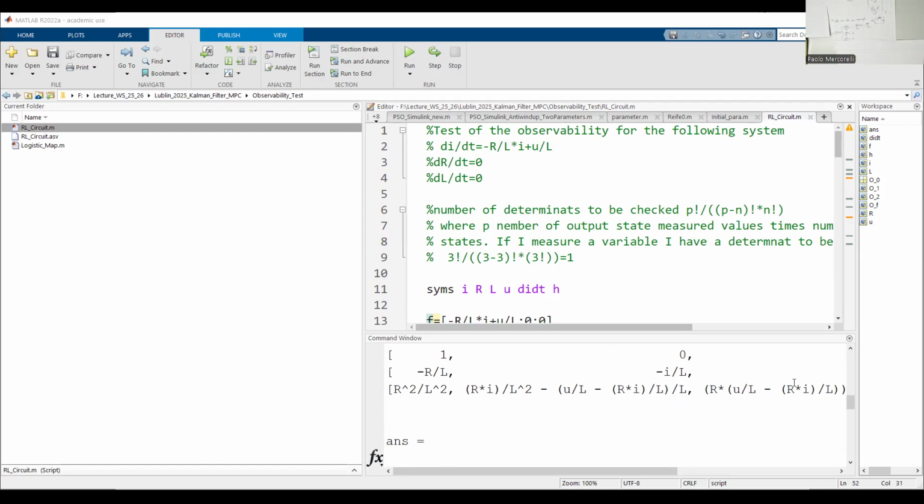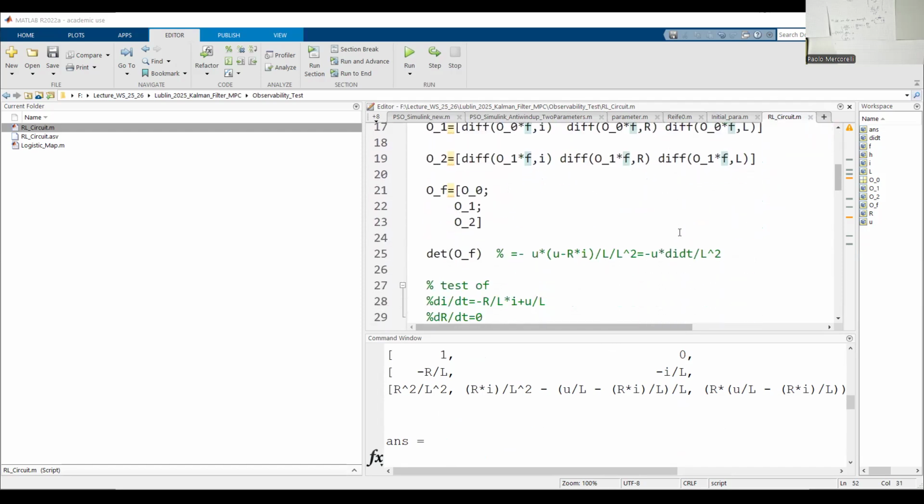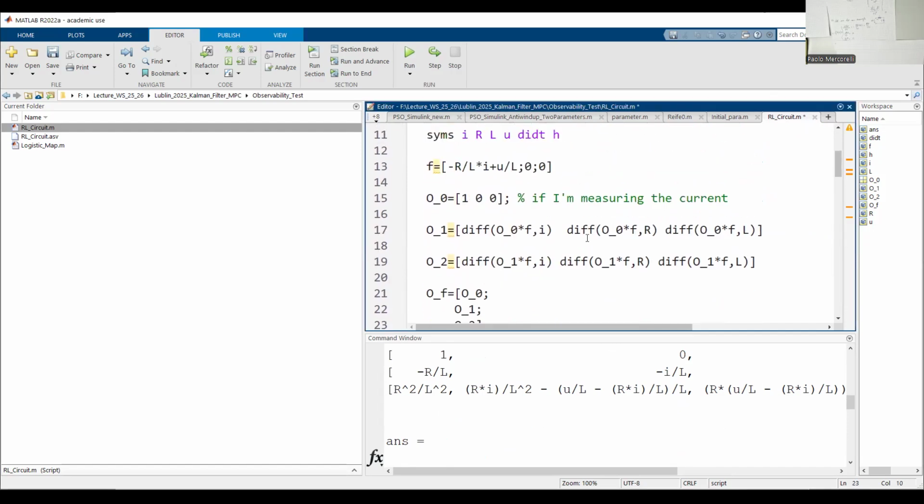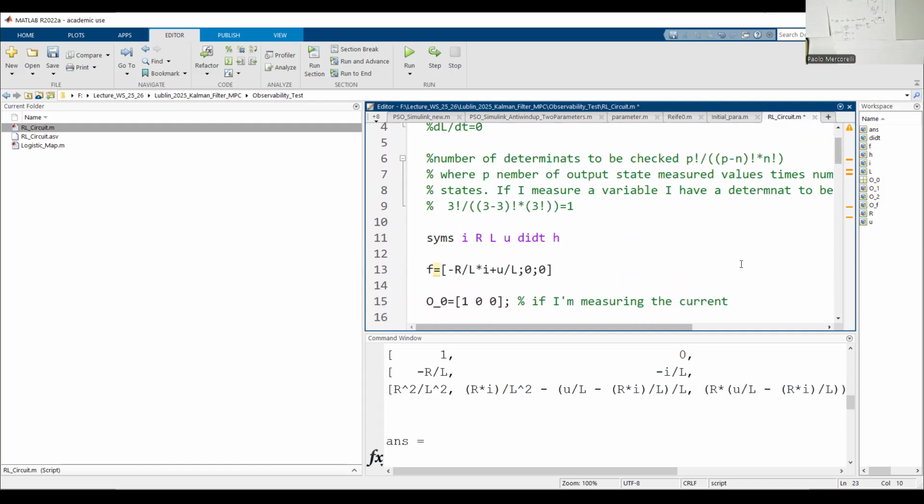Look at the condition. ANS is the determinant. If you want, I can comment also this one. Probably you can see better. If you want, I can comment everything, but it's clear what I comment. You understand what I mean. If I put a semicolon, I don't print the results in the workspace.